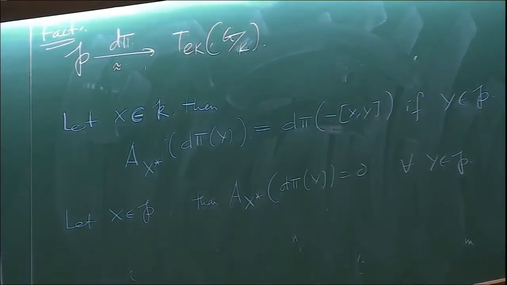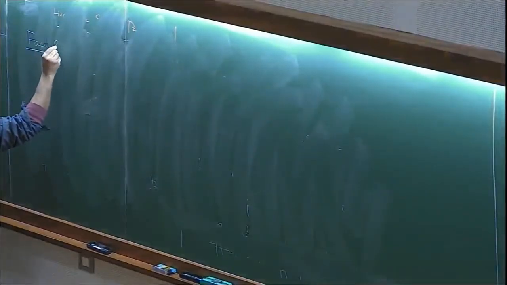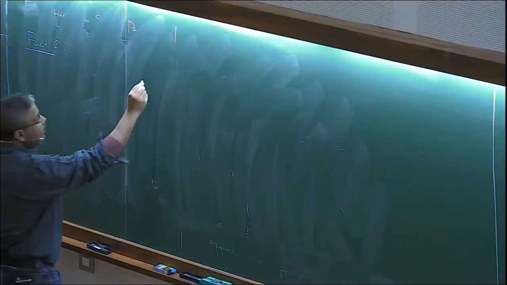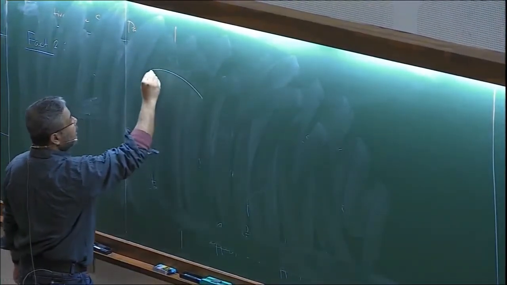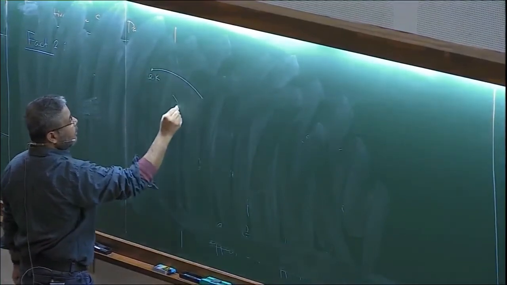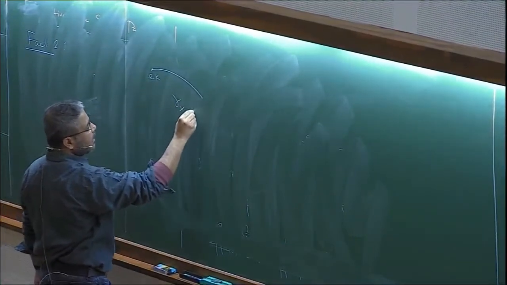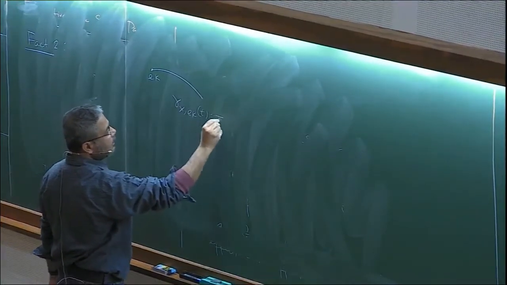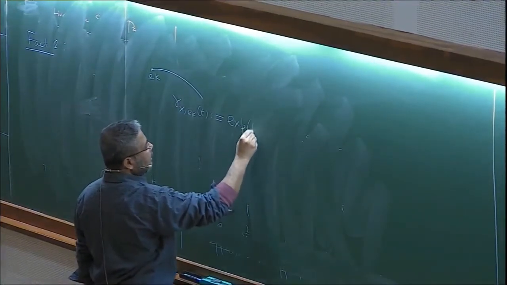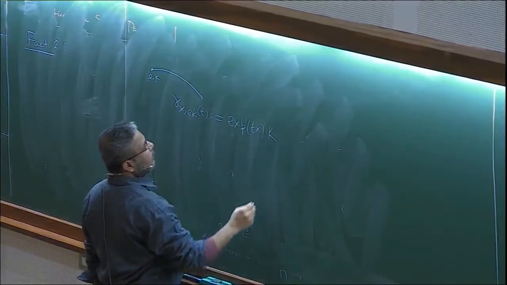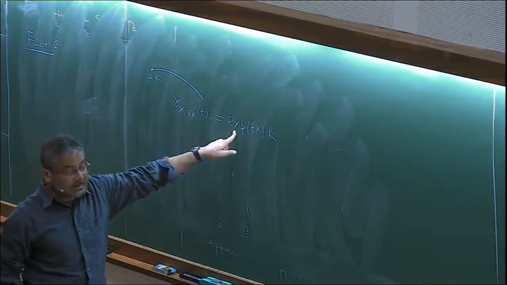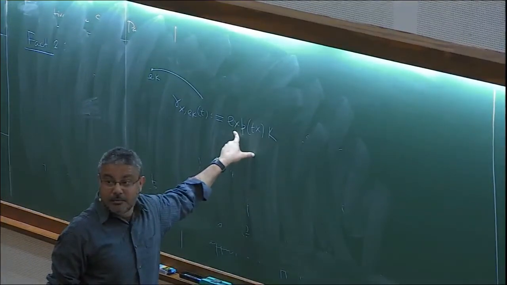Again I continue from this side. I have this curve, called γ_X(t), defined by exp(tX)K. This exp(tX) is the exponential in the Lie group.